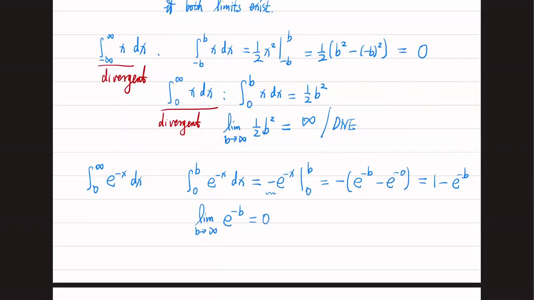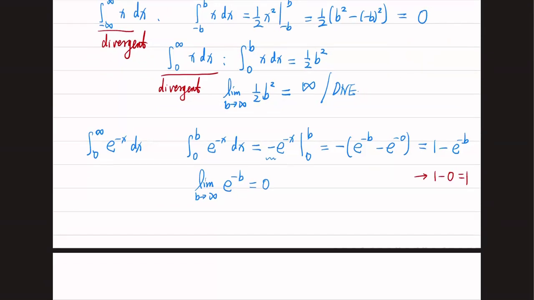So this converges to 1 minus 0, which is 1. So the limit exists. Then by the definition, this integral is convergent, and it converges to 1.